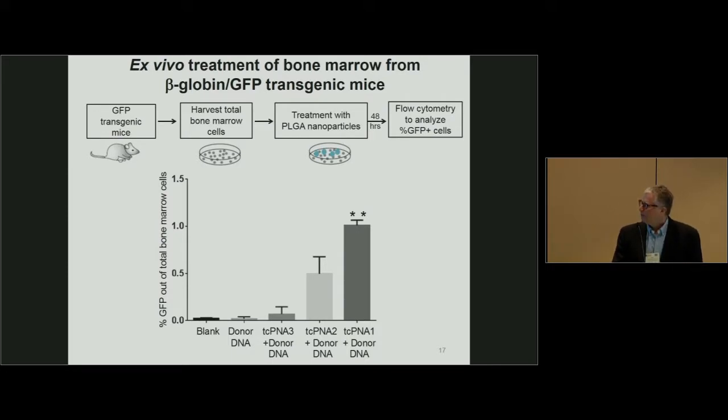Then we took bone marrow cells from the GFP beta-globin fusion mice that Richard had sent us, and we treated those bone marrow cells in culture, and then subsequently performed flow cytometry to quantify the GFP positive cells. And we found in this particular initial experiment, after one exposure to the nanoparticles, 1% of the cells had turned green with PNA1, and so that looked to be a superior sequence, and we proceeded to work with that.